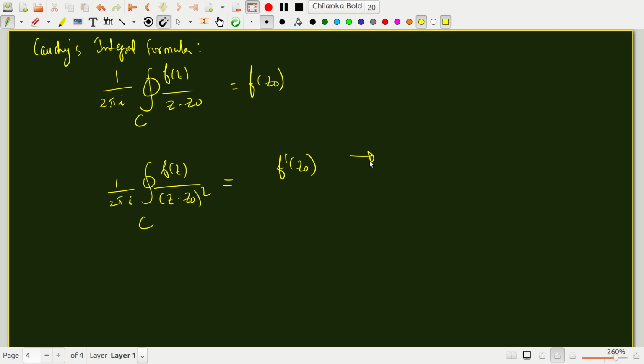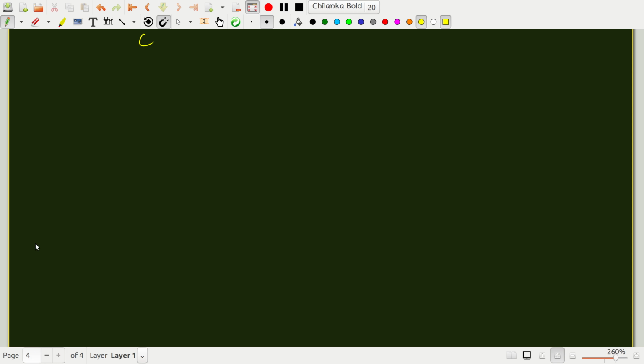And similarly for an nth order derivative, 1 over 2 pi i times the integral over a contour of f of z by z minus z0 to the n plus 1 is related to the nth derivative of f at z0. Okay, so it's a generalization of the same formula. These are all examples of the Cauchy integral formula.